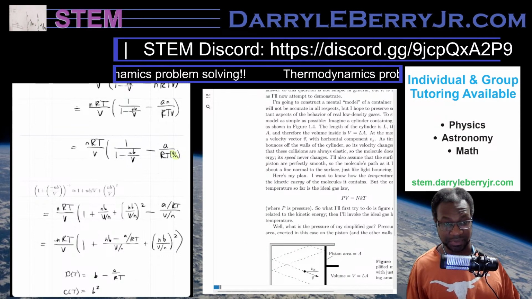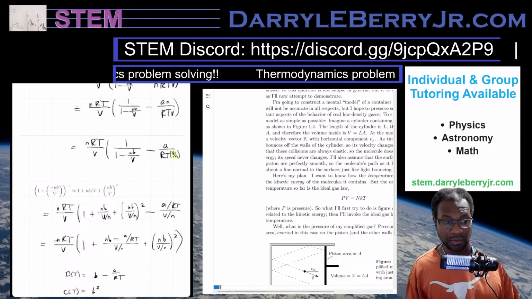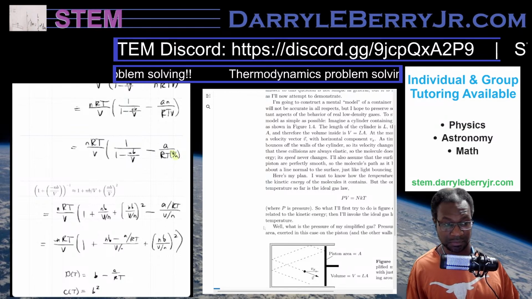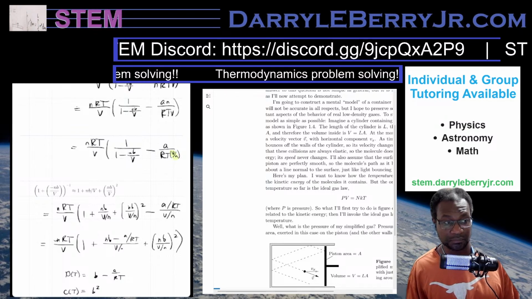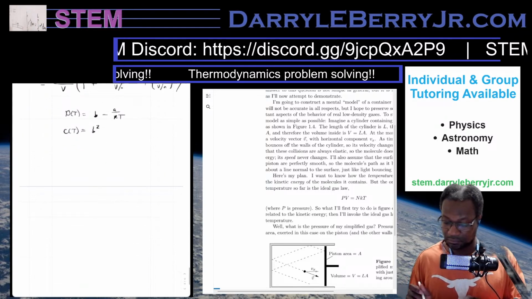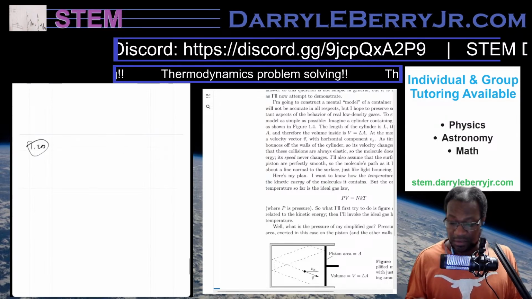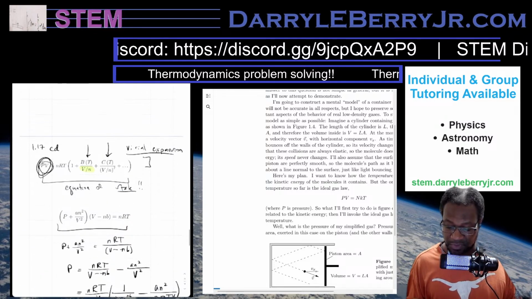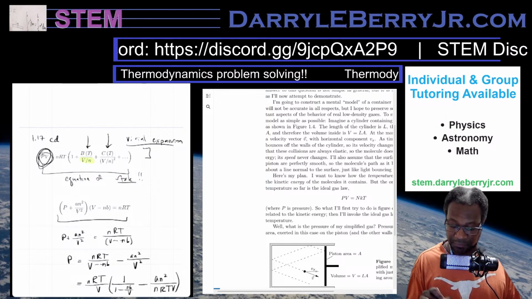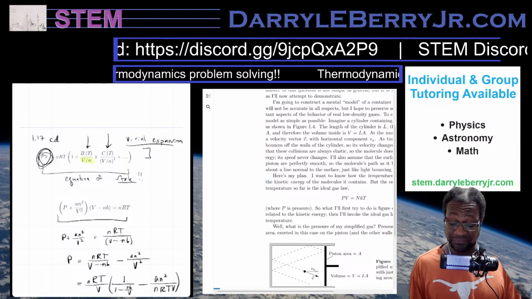So the next problem is 1.20. Key takeaway here, by the way, is if you want to get the coefficients of the virial expansion, just put it in the virial expansion form. PV equals nRT, just solve for PV.